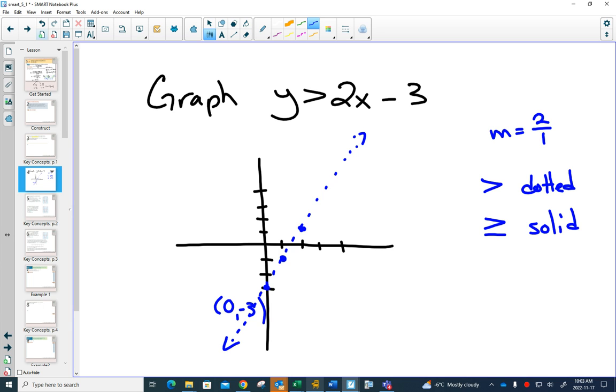And then finally, in an inequality, this is sometimes true and sometimes not. For example, sometimes you use a test point. Pick a random point anywhere. Let's say I choose this point right here, 0, 4. When I plug in 0 for x and 4 for y, is this true or is this false?